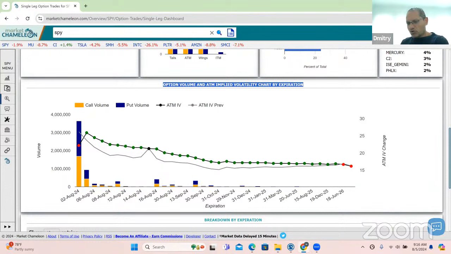Well, if you're used to looking at this term structure in SPY, intuitively, when things are calm and there's more certainty, this will look in the opposite direction. The short-term implied volatility is usually lower than the longer term. And that makes sense because as you go out further and further in time, there's less and less certainty.